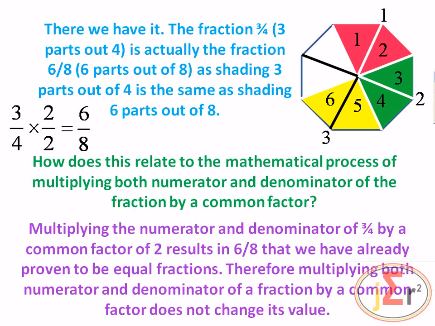So the fraction has the same value, but the form of the fraction is different. Just the numbers are different, but they are equivalent fractions. That means 3 parts out of 4 will be the same as 6 parts out of 8, as we show right here, and we show that it can also be achieved by multiplying the numerator and denominator by a common factor of 2.